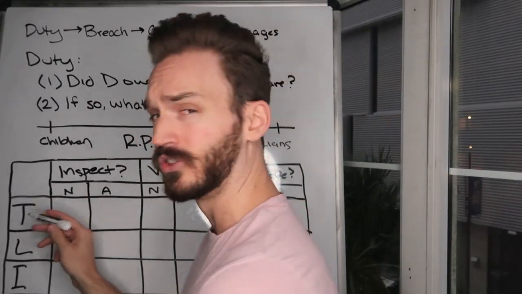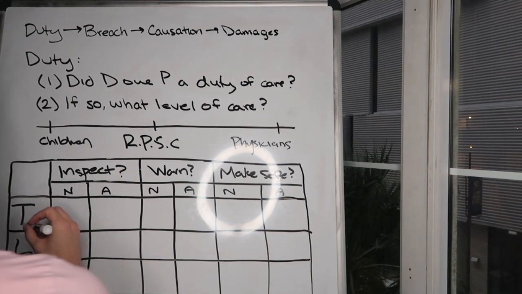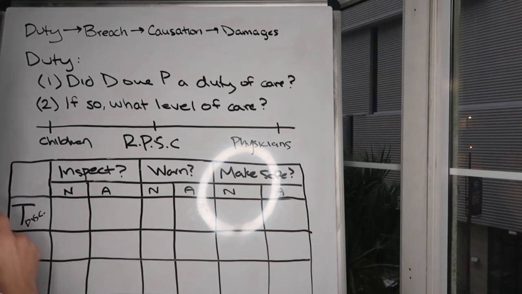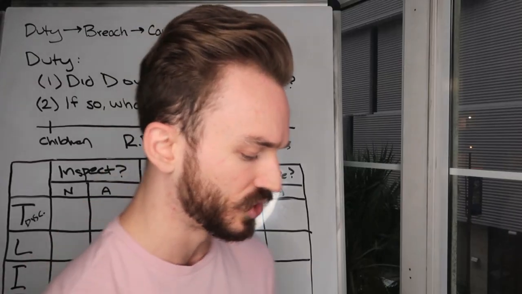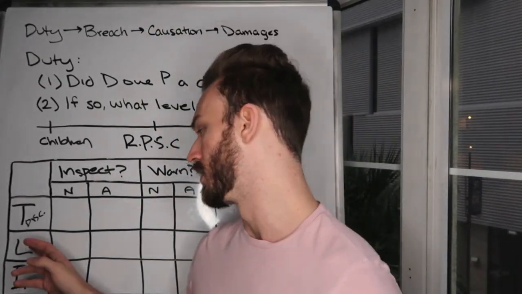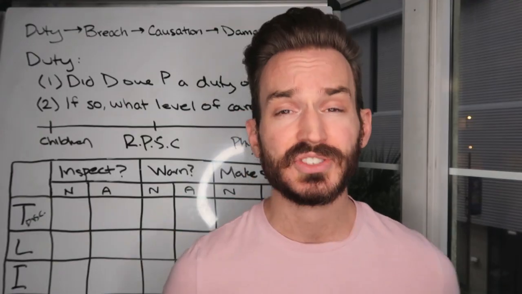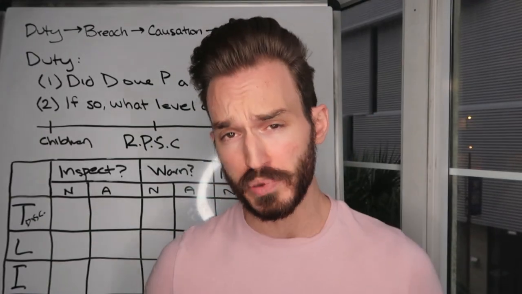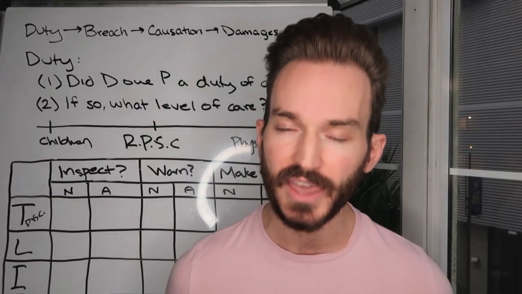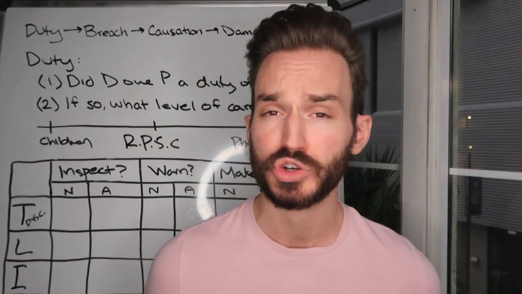So here, next to this T, I'm just going to briefly write "discovered." Right here, we're only talking about discovered trespassers, trespassers who are foreseeable. Okay, so next you have licensees. What is a licensee? This is a person who has a license to use your property, which in most cases is just going to be a social guest.